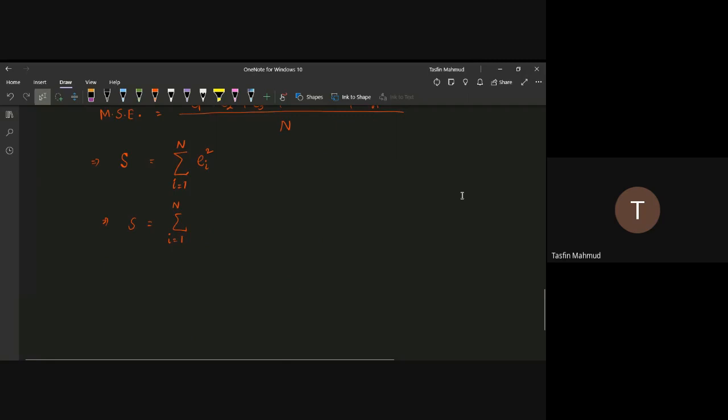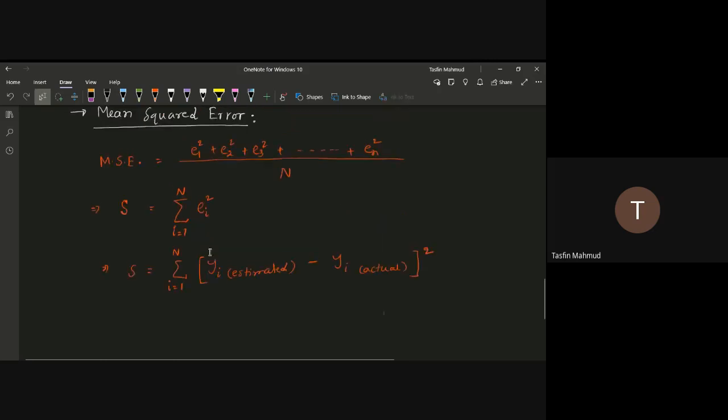So I can write it as y i estimated minus y i actual, and then I'm going to take its square. So this is our estimated value for each of the ith data point. We have n data points, so we are considering the ith data point and subtracting the actual value from the estimated one and taking its square according to the definition of the squared error.